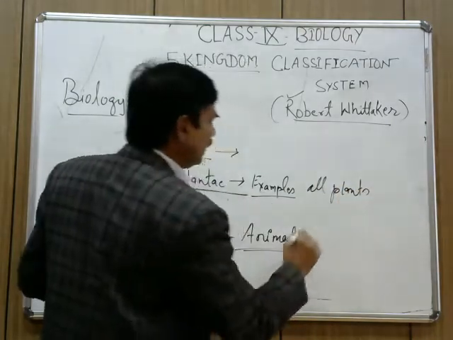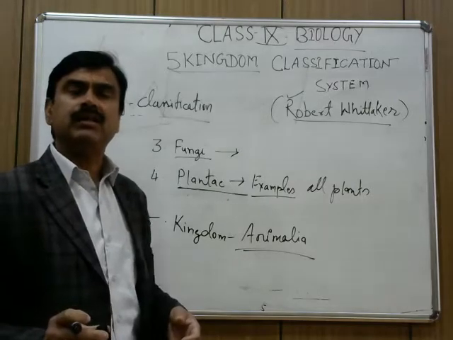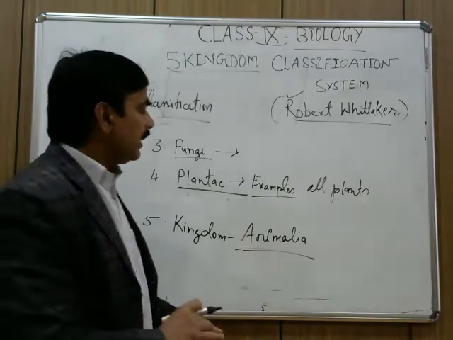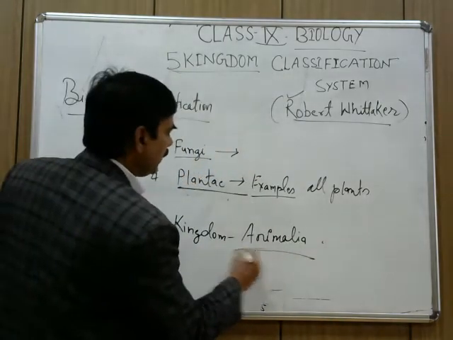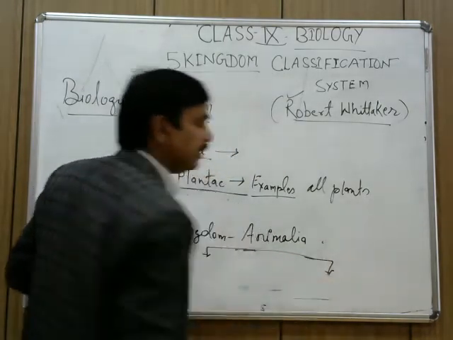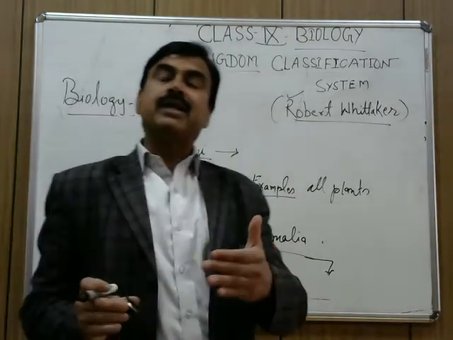In the Animalia, as you know, all the animals are kept in the Animalia category. In the Animalia, you can divide into two categories: non-chordates and chordates.